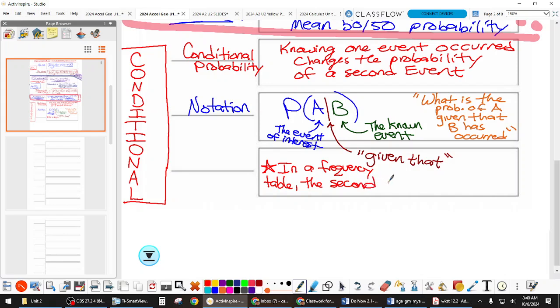The second category is the denominator. Alright, we're going to write two more things.